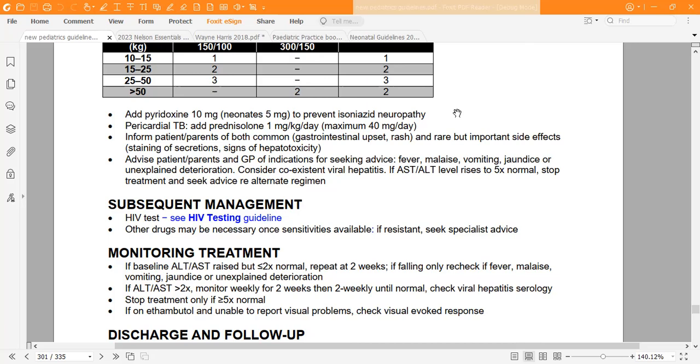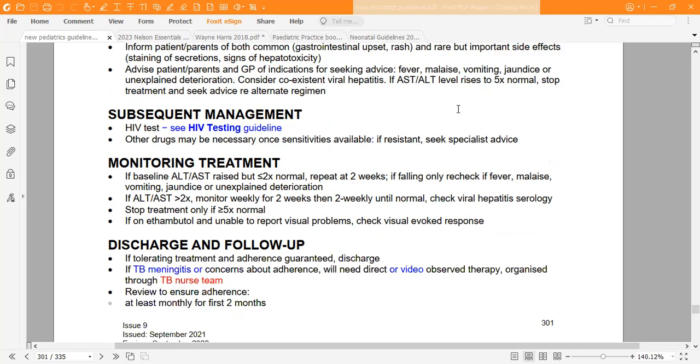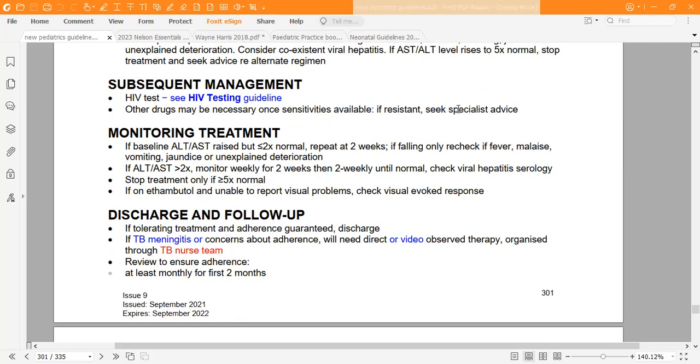Okay, so how can we monitor the treatment? If baseline ALT and AST are raised but less than 2-fold normal, repeat at 2 weeks. If falling, only recheck if fever, malaise, vomiting, jaundice, or unexplained deterioration.